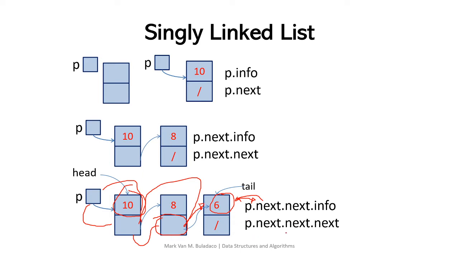If we are referring to p.next.next.next, we are referring to the empty address in the next field of the third node, which is empty because again it doesn't have any node next to it.